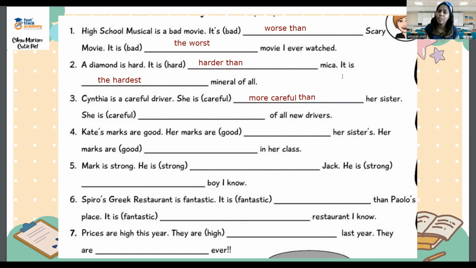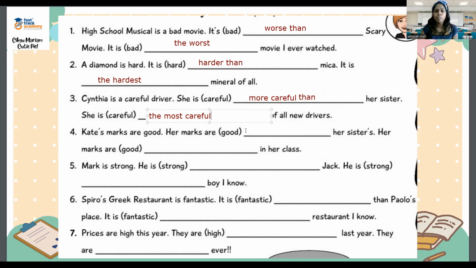You have to add the word than because you're comparing two, Cynthia and her sister. She is the most careful of all new drivers. So you don't have to add est. Instead, you have to add the most careful. All right. You get it, right?